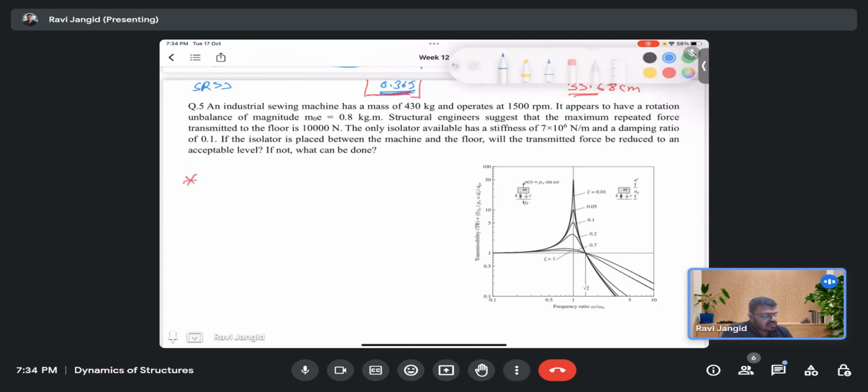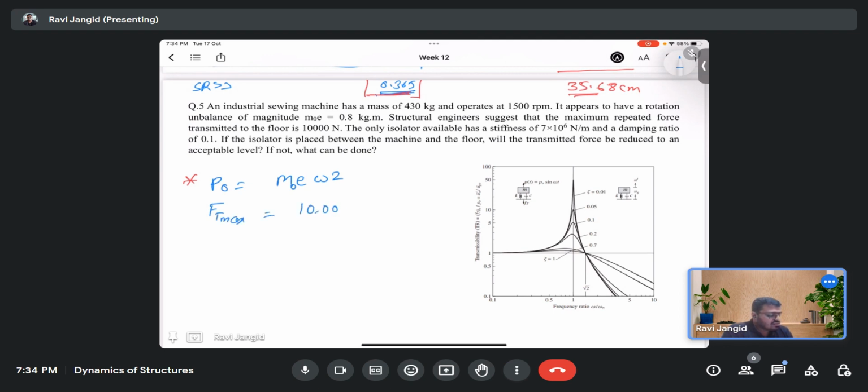In that case, P naught was m naught e times omega square, and your transmitted force limit Ft max is provided by the engineer, maximum 10,000 newton. So how much is my P naught? The m naught e is given as 0.8 kilogram meter, and omega is given as 1500 rpm.